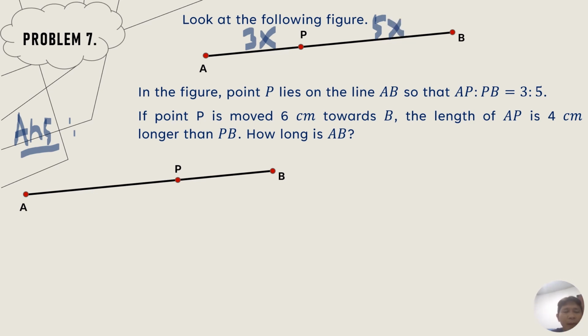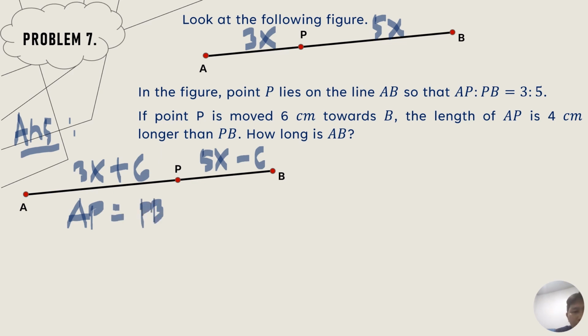Okay, and now according to the statement that if point P is moved 6 centimeters towards B, it means before we had 3x, now this is 3x plus 6 because it moves 6 centimeters towards B, and this becomes 5x minus 6. Then the length of AP is 4 centimeters longer than PB, so we write AP equals PB plus 4.